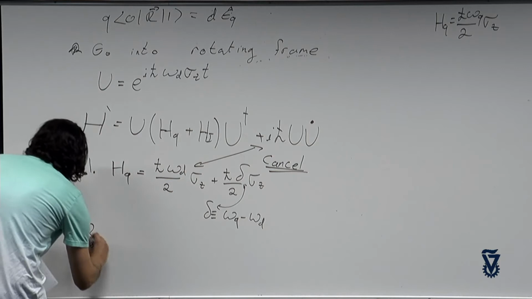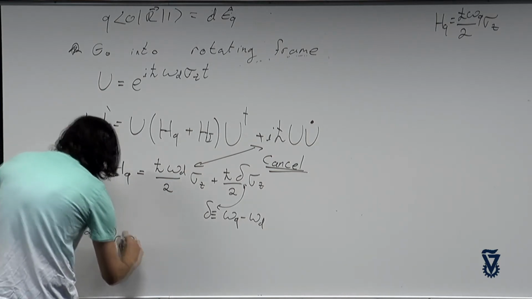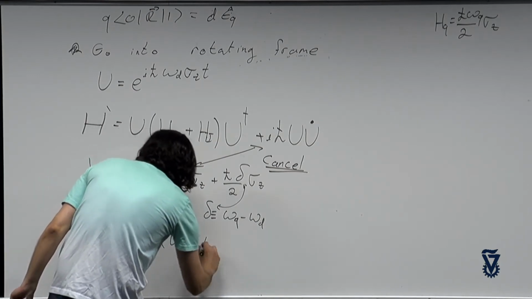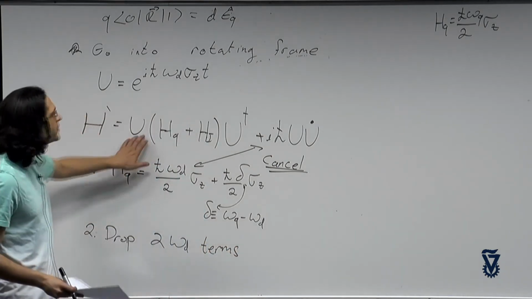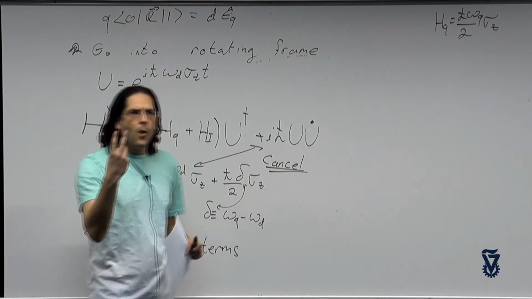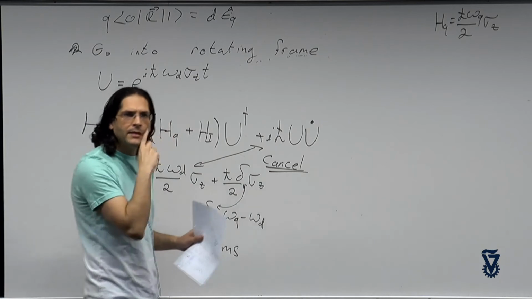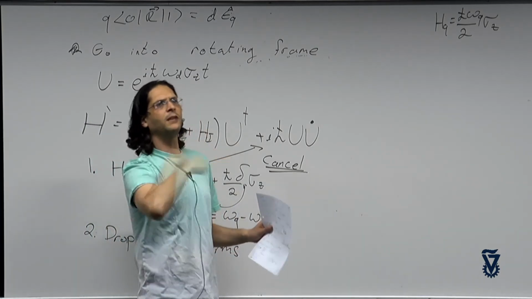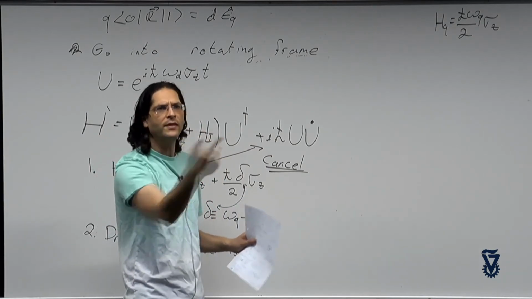The second thing that we're going to do is we're going to drop 2 omega d terms. After you do this transformation, you're going to be left with two types of terms. Ones that are static. Remember, in the magnetic moment case, we went into the rotating field and it was static because we were rotating with it.